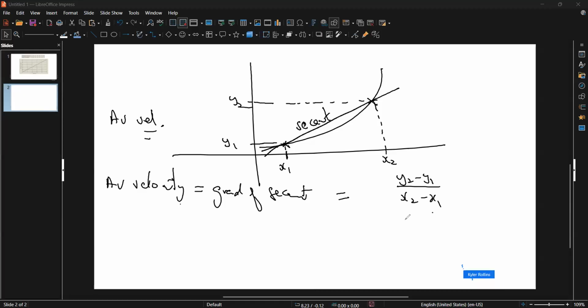Again, this point here is x1, y1, and this point here is x2, y2, right? So you have to pick out those 2 points, read them off, and do this calculation. So when you have a curve, well, that's your big problem.